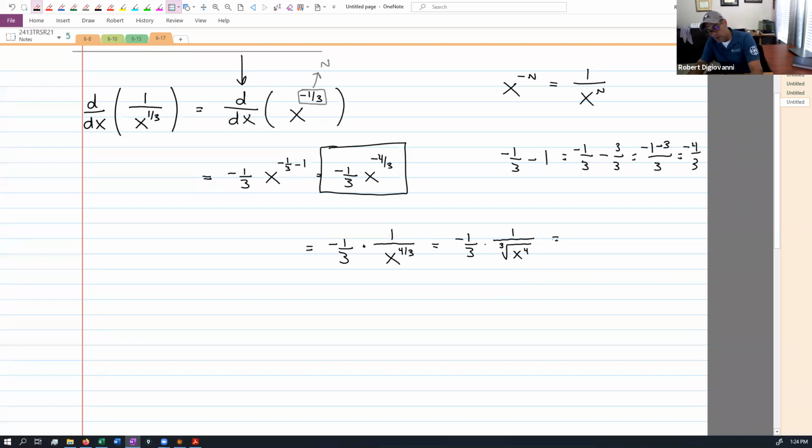And then I could put it all into a fraction, like that. So like I said, what's in yellow here would be an acceptable answer. But if you saw this in the back of the book as the answer, then don't be surprised. All they've done is just cleaned it up with a little bit of algebra. Questions?